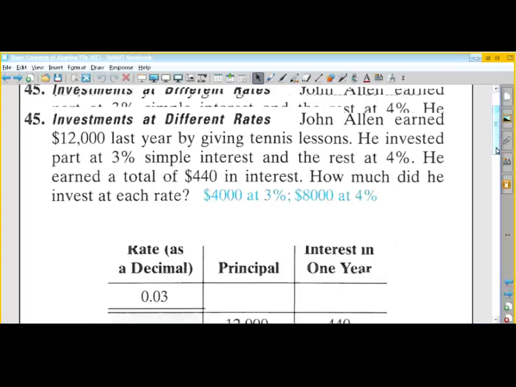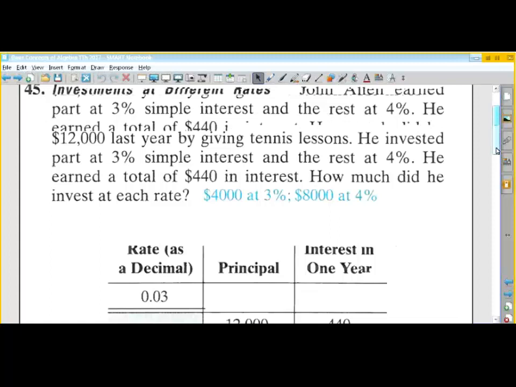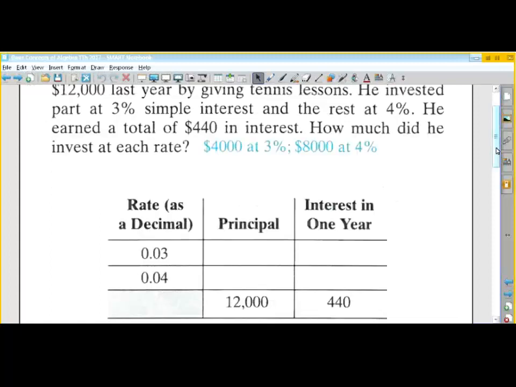Those are the answers, but let's see how we get to the answers. So it's kind of like the mixture problem in some sense, because we have this column, which is the amount of money he has, and there's going to be an amount invested at the lower rate and the amount invested at the higher rate. This column will give me the equation that I will solve for the unknown.